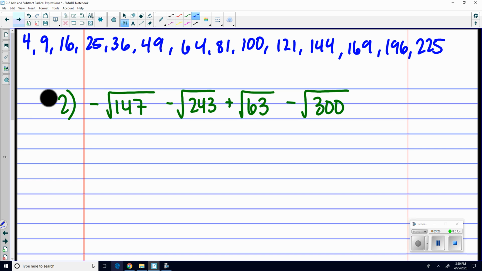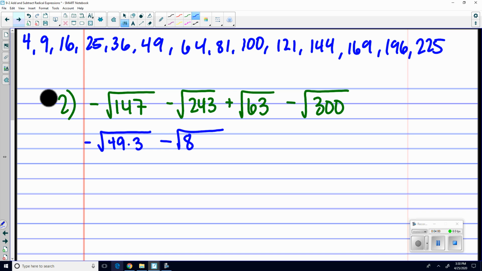Now I'm going to make this look easy. You have to take a calculator and start dividing. Like 147 divided by 4, 147 divided by 9, 147 divided by 16, and on and on until you figure out what goes into it. I will tell you that 49 actually goes into this. So I'm going to rewrite these. So this would be negative square root of 49 times 3 minus, I'll simplify these in a second, 243, the biggest number of these perfect squares up top that goes into it is 81.